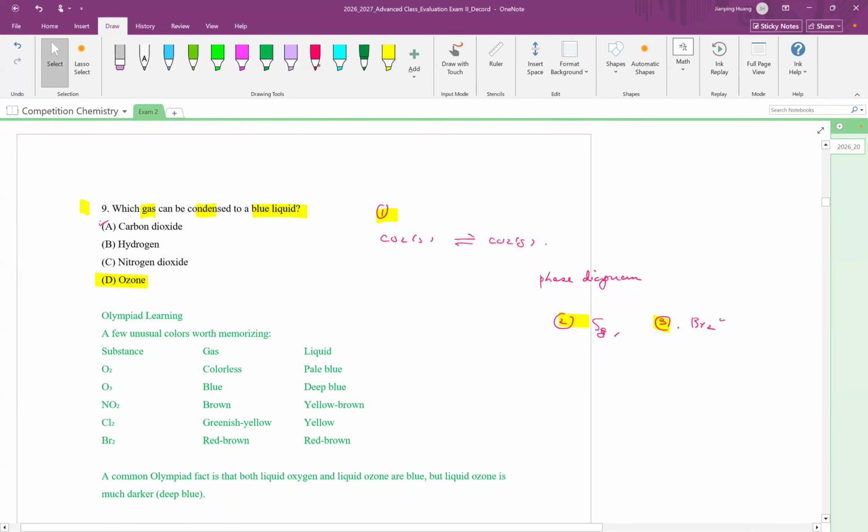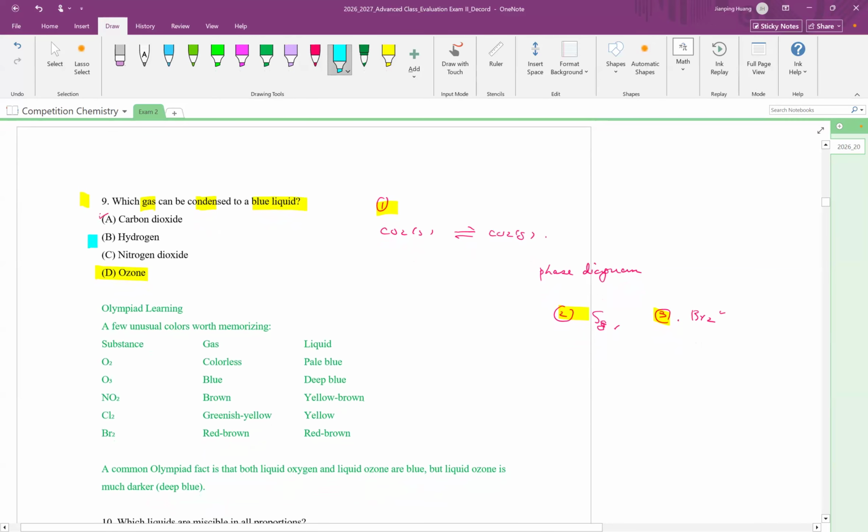Okay, let's go ahead. Hydrogen, we know that. Hydrogen is a colorless liquid. This one says color, and the red color should be from yellowish to brown. Everyone should know this one. Could it be right? What's this?